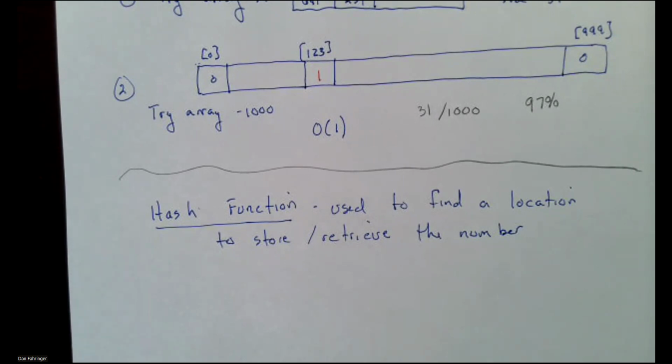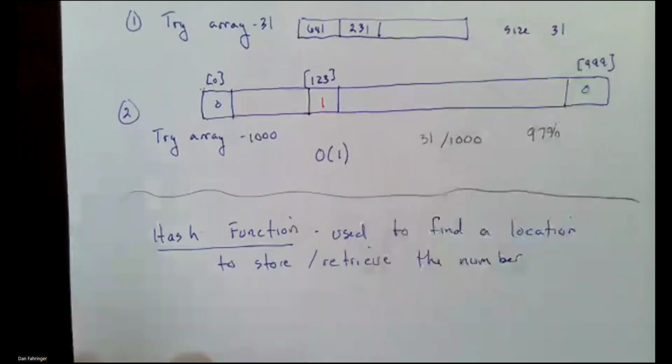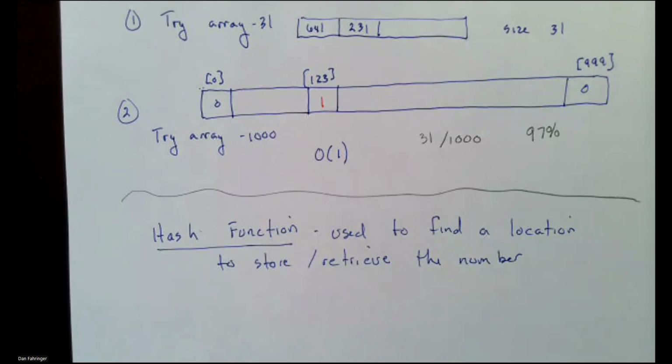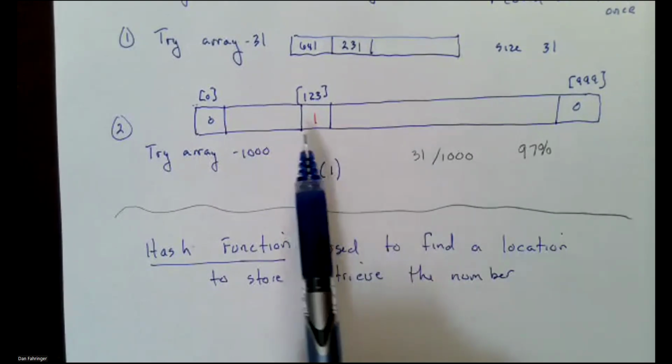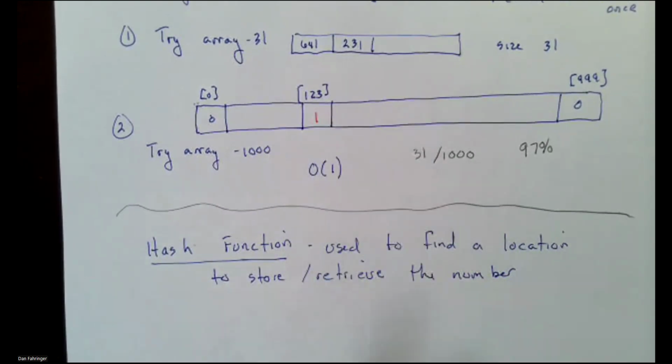I want to create an array size of... well, let's see, there are 31 numbers I want to store, and these are all different numbers, right? I want to create a way to store those, but I don't want to have a lot of wasted memory, but I don't want to spend all my time searching.